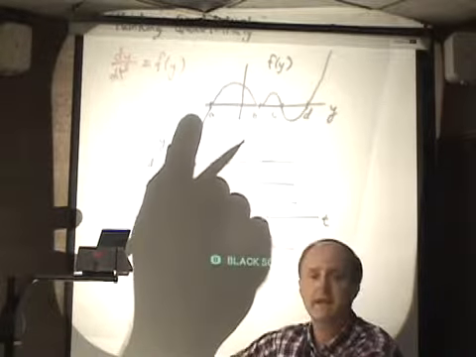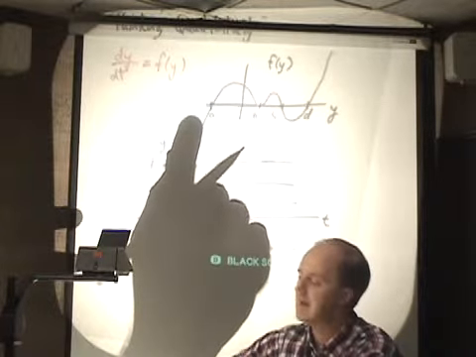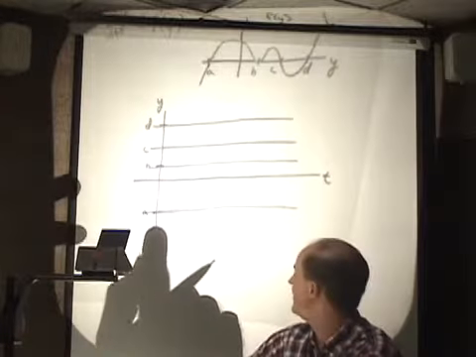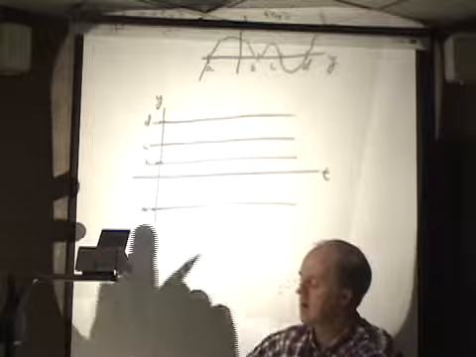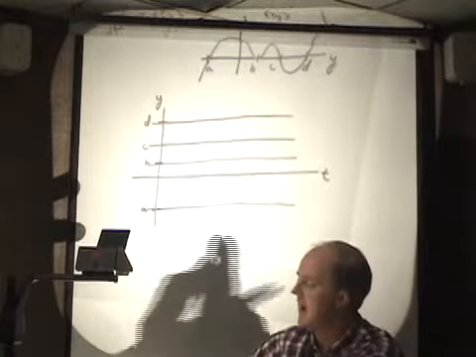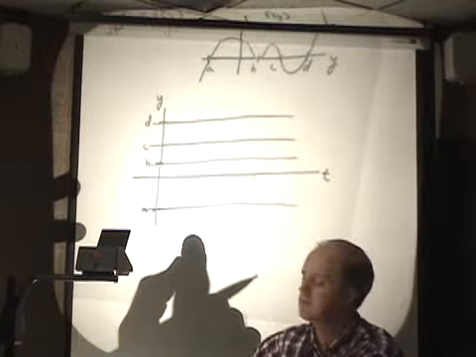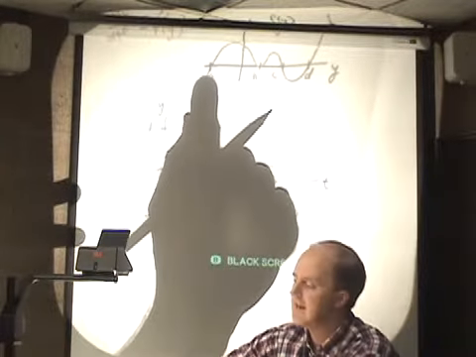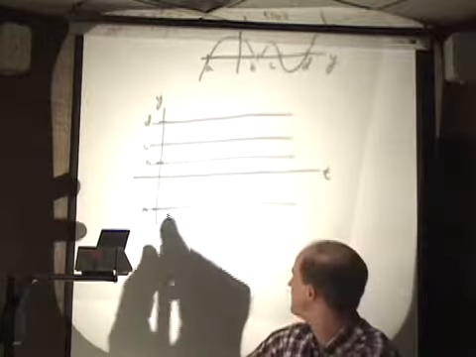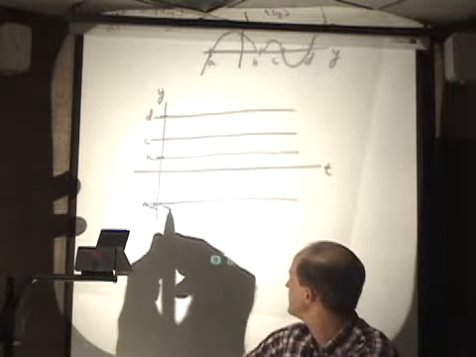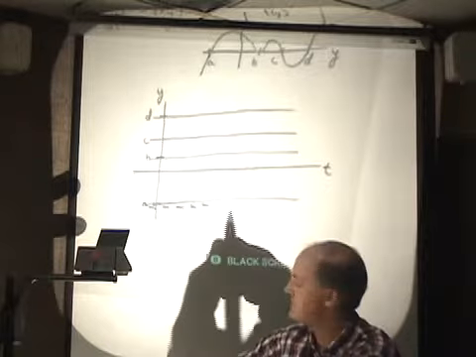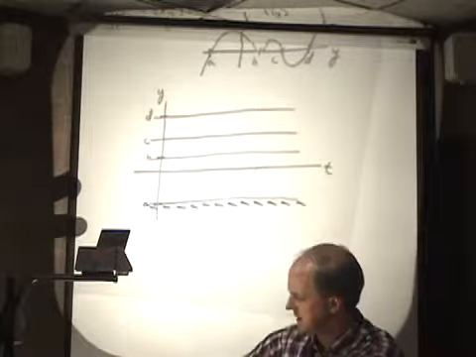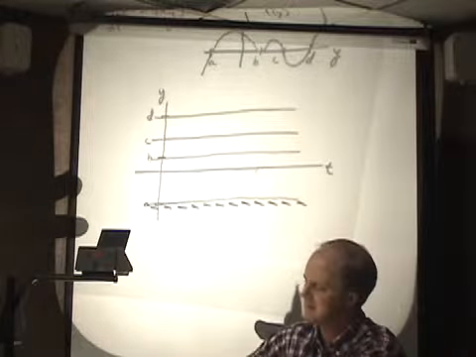Let's start with y being less than a. When y is less than a, f of y is negative, meaning when you go down here, look along horizontal lines, constant values of y that are less than a, you're going to have negative slopes. If you're just barely less than a, then f of y is a small negative number, and so down here I've got slope marks with small negative slopes, and I try to make them look as though they've got constant slopes, though it's hard to do perfectly.